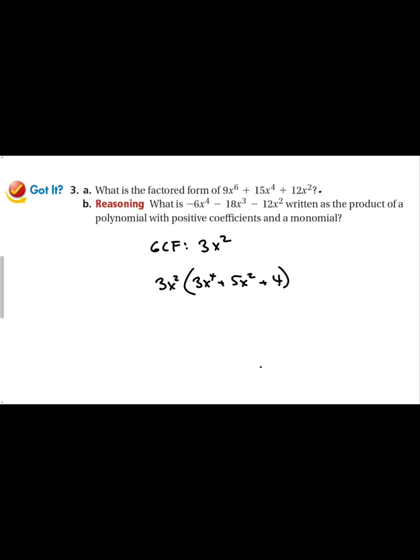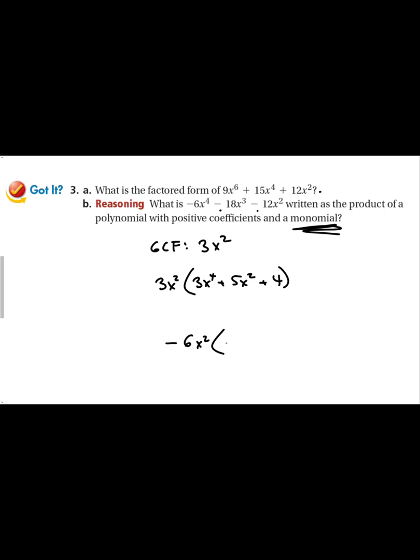What is negative 6x to the fourth minus 18x to the third minus 12x squared written as the product of a polynomial with positive coefficients and a monomial? Well, they all have a negative in the front, so it doesn't say the monomial in the front has to be negative, so I can just factor out a negative 6, and of course x squared.